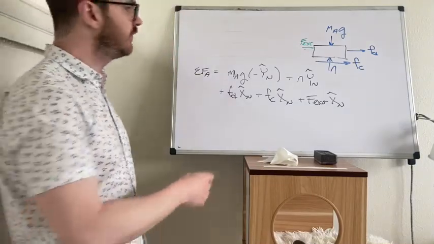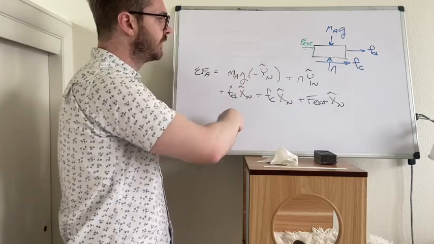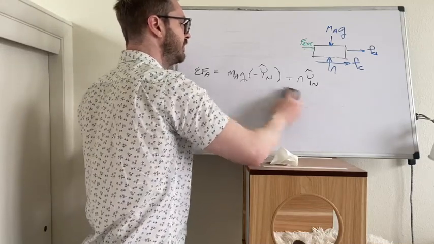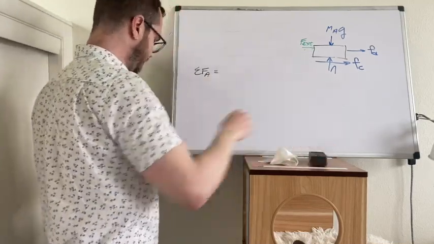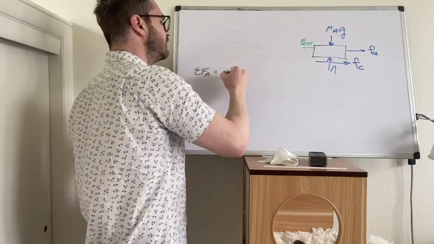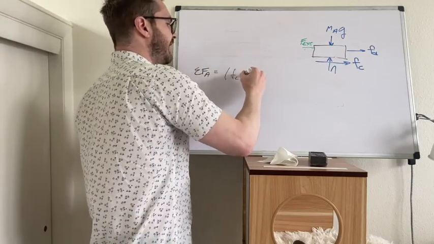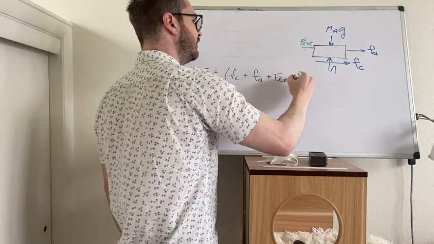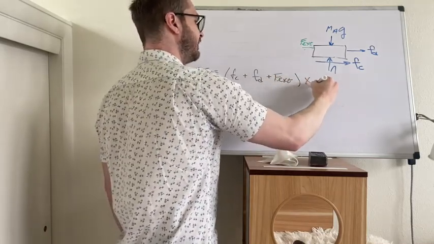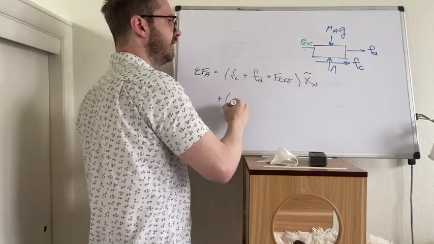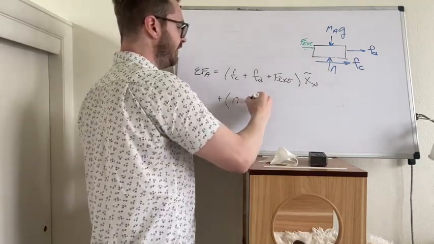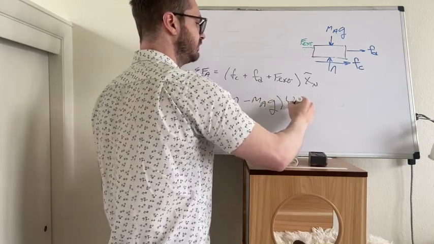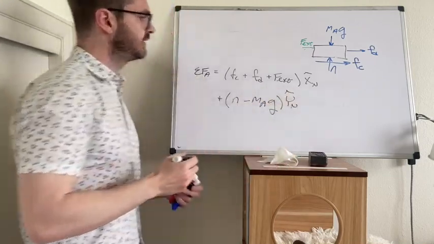If we want, we could group them, arranging this by direction. Let's say FC plus FD plus F external, that's all on the x hat in, and then plus N minus mAg in the y hat in direction.